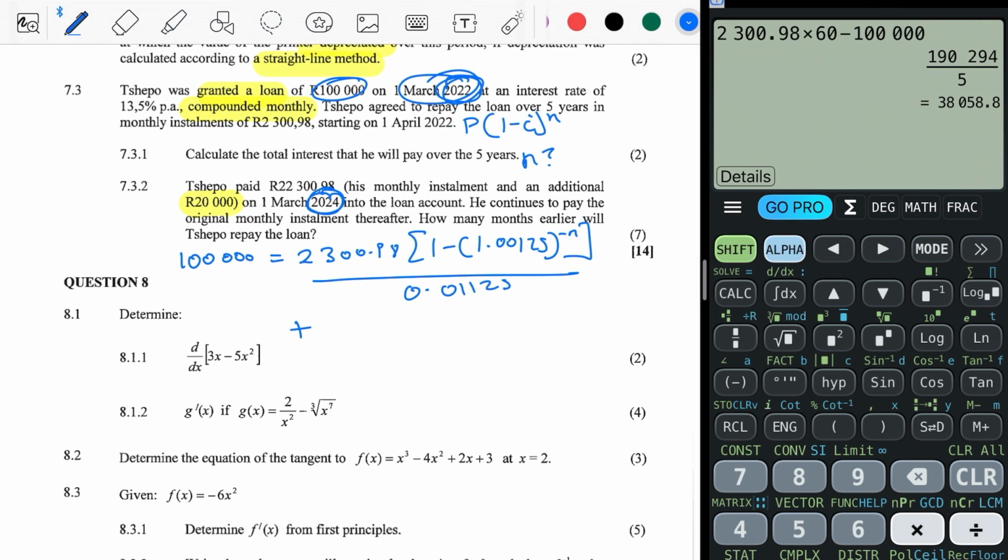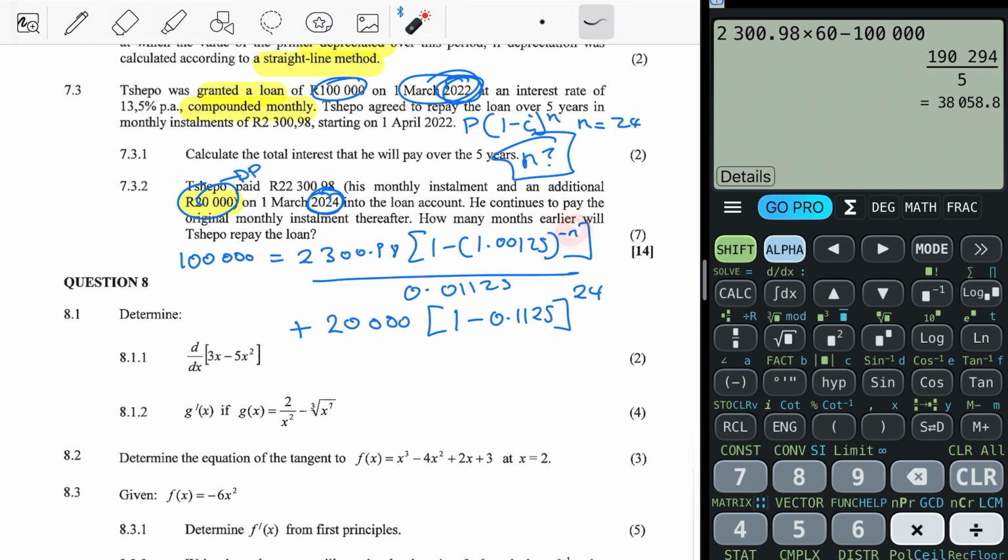So P is the principal amount that is paid after 2 years, and we know n in this case is 24 months. But we don't know the reduced n, which is what we are looking for here. I hope you see it. So 1 minus 0.01125 power n, which is 24 months. Again, from here, we're just solving for n.